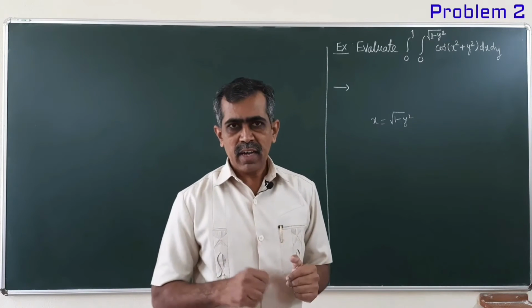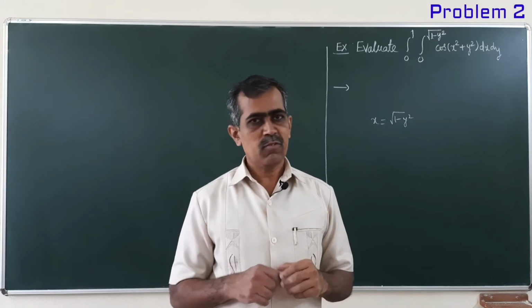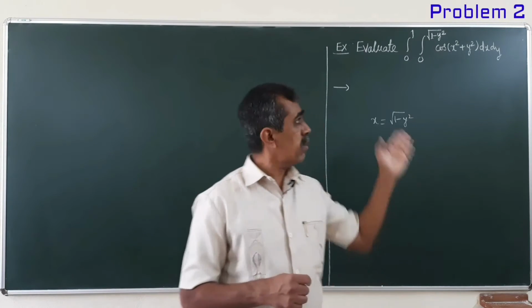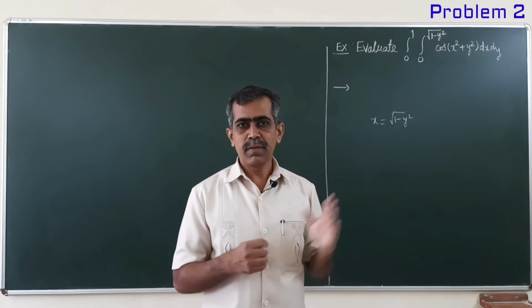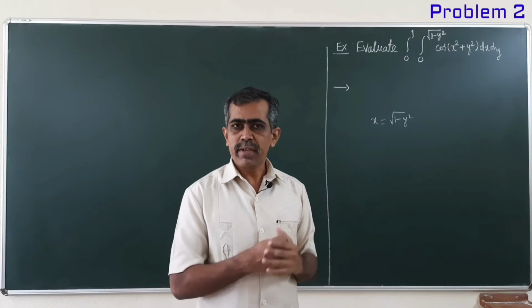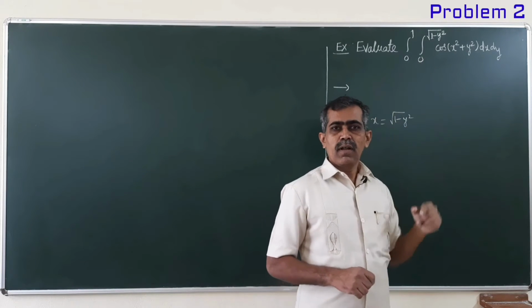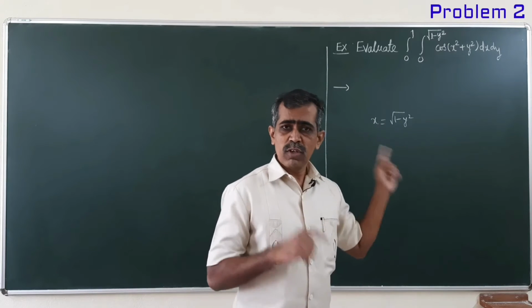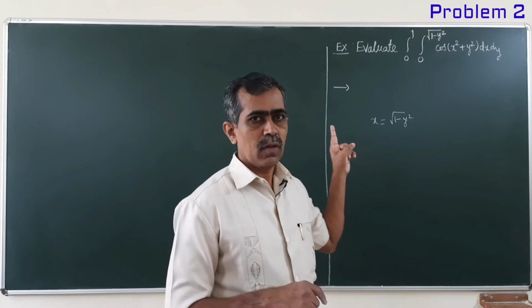Can you take its integral directly using any formula? We don't know how to take the integral directly. There is no direct formula for the integral of cos of x square plus y square, so it is very difficult to take the integral using usual ways. That is why change of variable is a must. When we solve the problem, you will easily get the answer.